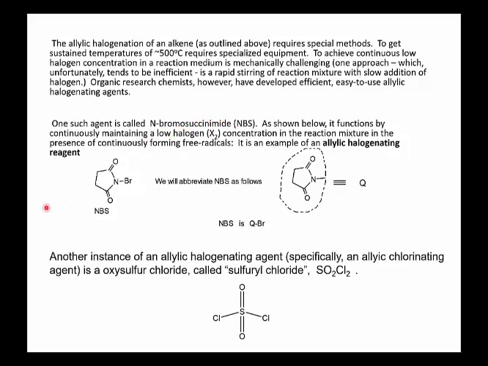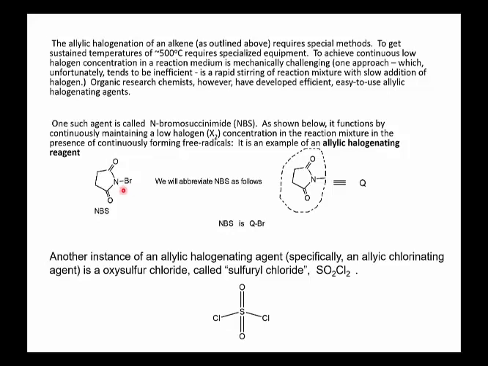And here's the structure right here, NBS. Now, if you have an alkene with an allylic hydrogen in it, we mix the alkene and the NBS, and we do have to use light. Peroxides will also work.